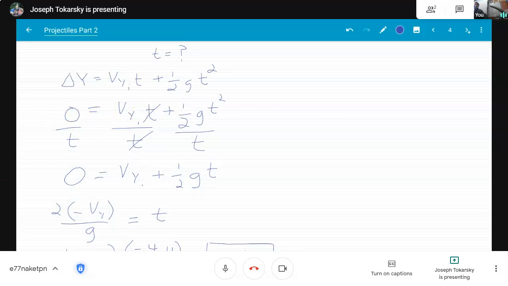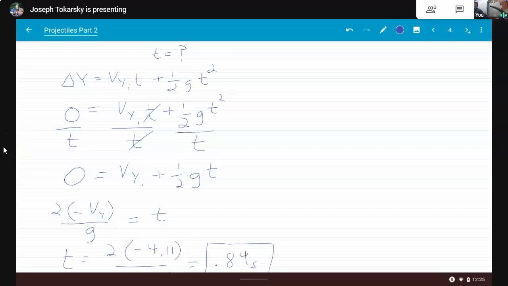Now, there are alternative ways. So using the least amount of givens, this is probably the best way to do this one. As things get more complicated in physics, especially with kinematic equations, there's often different routes you could go. I will briefly explain some of them. To avoid confusion, I'm only going to do it one way.